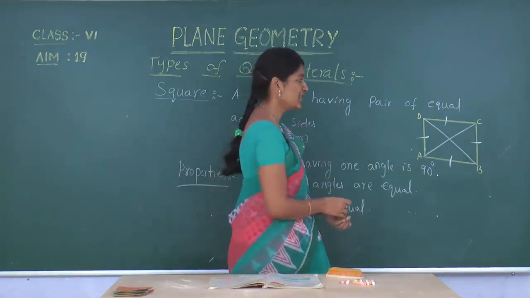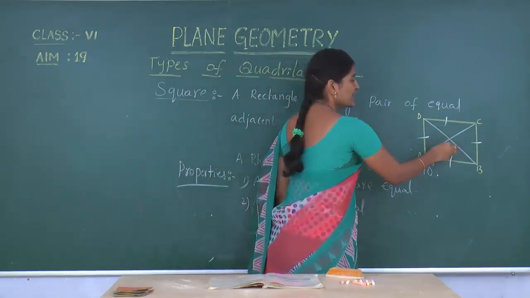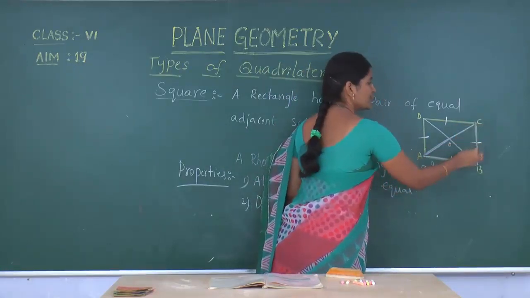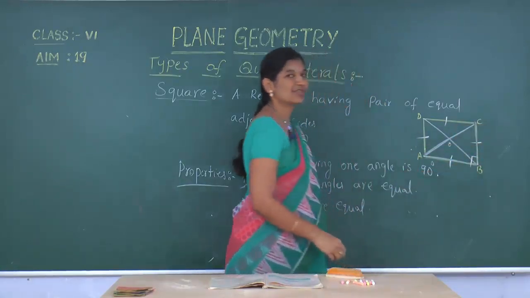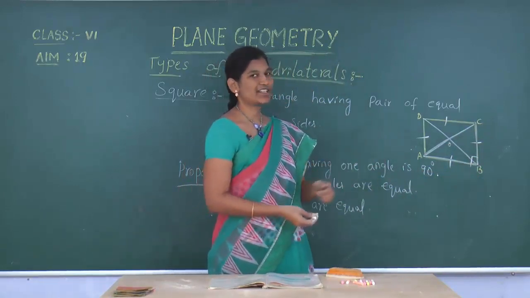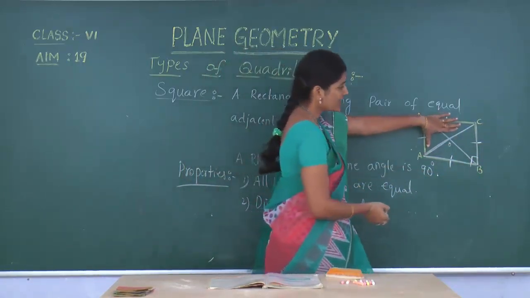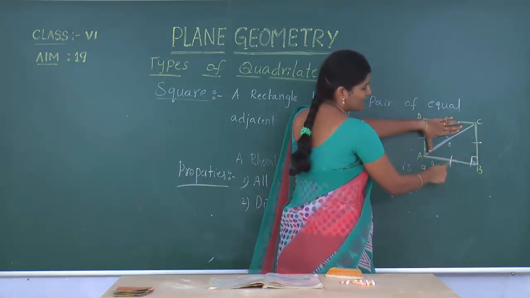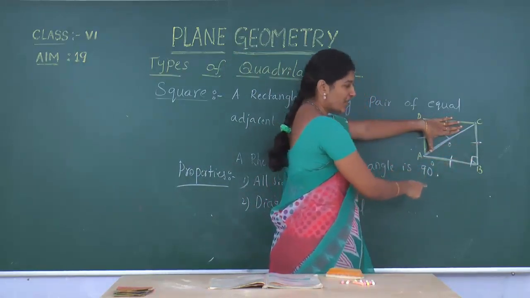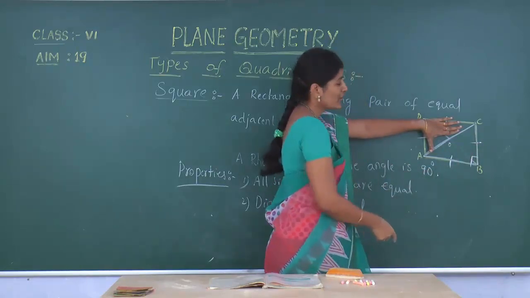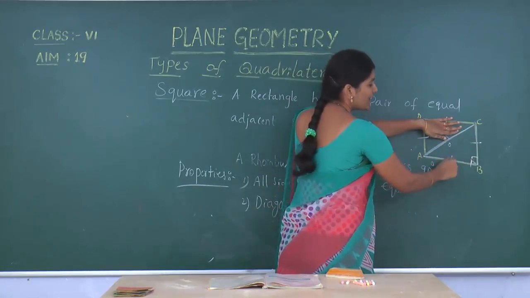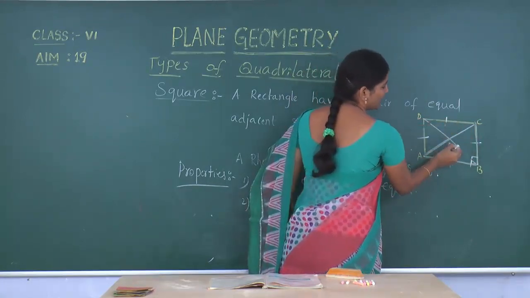And most importantly, each diagonal divides the square into two right angle isosceles triangles. Observe here, take this diagonal first, and here this side is equal. So we can say isosceles triangle, and here is 90 degrees. So here A, B, C, we can call it a right angle isosceles triangle.